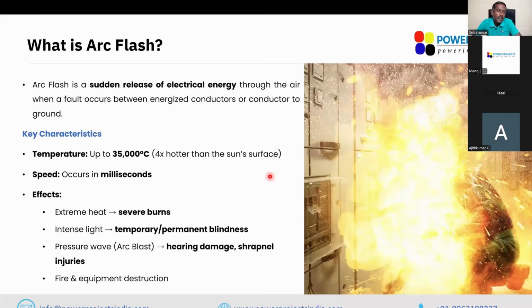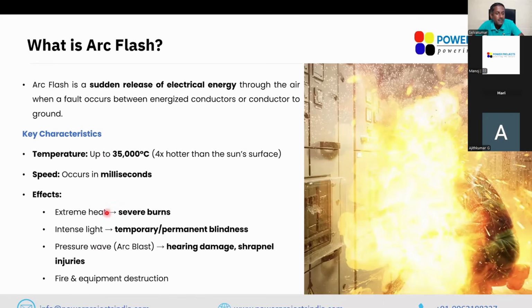And what is arc flash? We have already gone through IEEE 1584, but a quick update. It is a sudden release of electrical energy, and the temperature can go up to 35,000 degrees Celsius at the hot spot. It occurs in milliseconds: extreme heat, intense light, and a pressure wave.